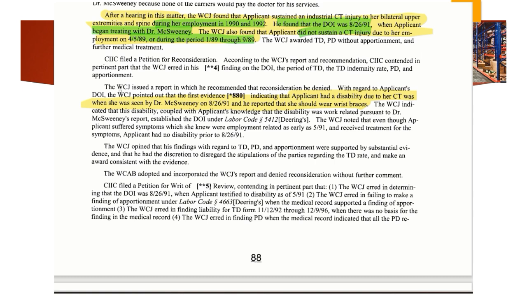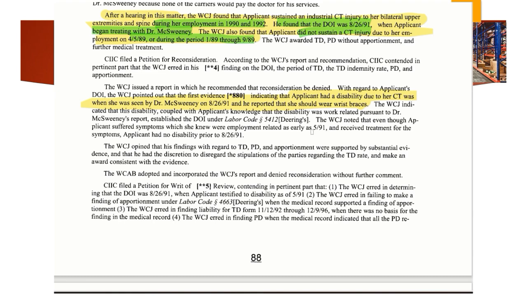With regards to the applicant's date of injury, the workers' comp judge pointed out that the first evidence indicating that applicant had a disability due to her CT was when she was seen by Dr. McSweeney on August 26, 91, and he reported that she should wear wrist braces. So very interesting. Here we see on 8/26/91 the confluence of the disability and the knowledge that the disability was caused by the prior or present work duties.